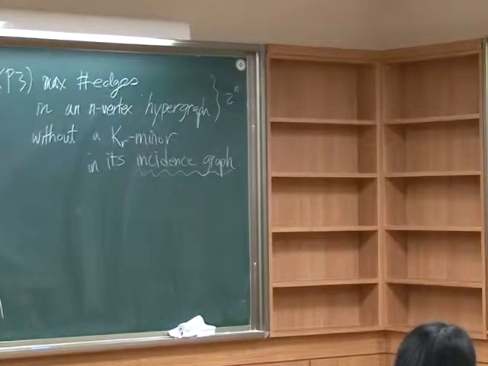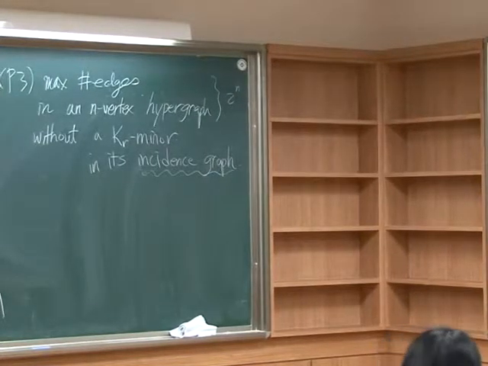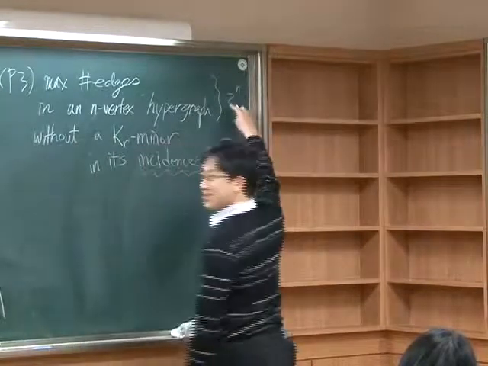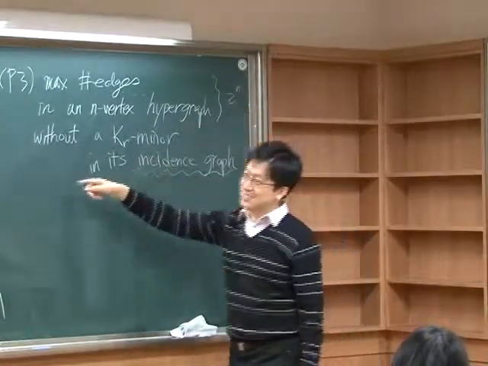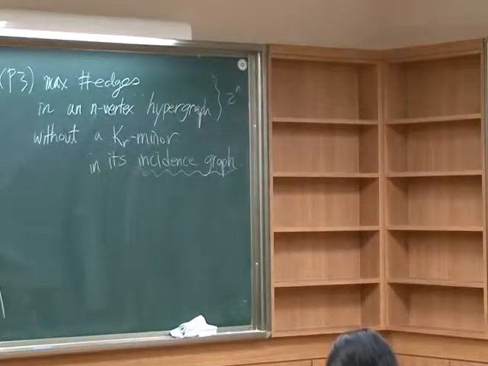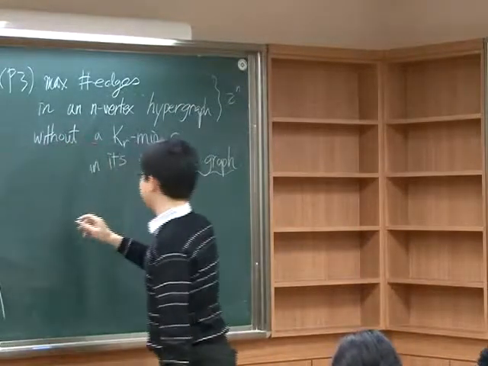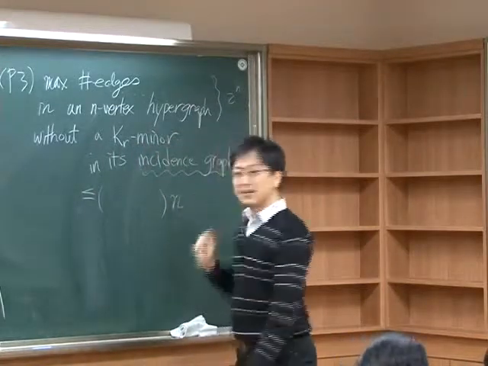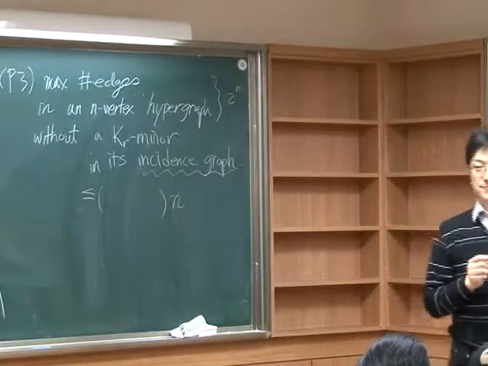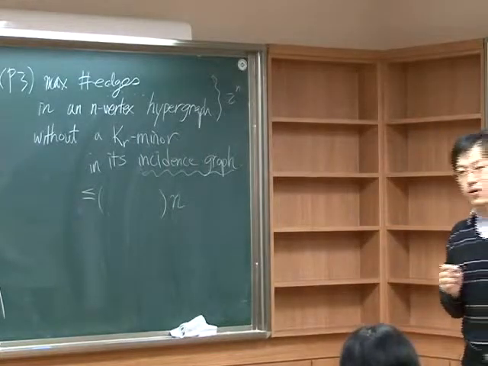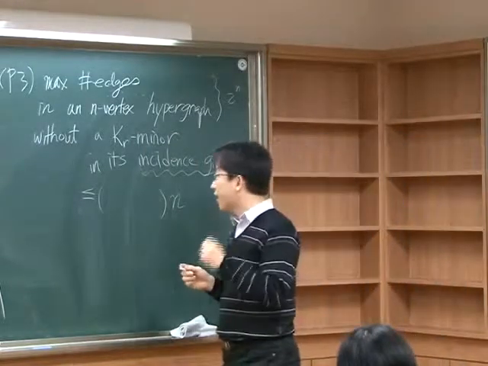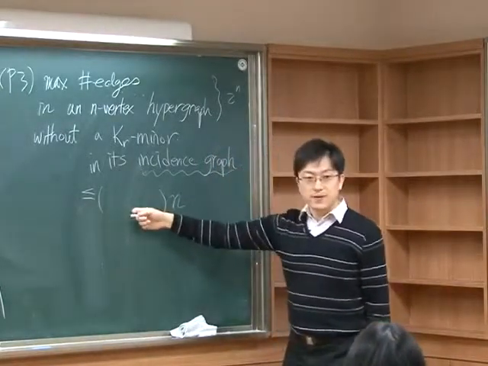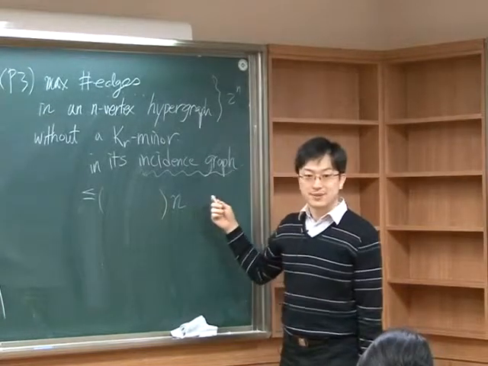And the answer is what? Previously we had 2 to the n. If you see the pattern here, it must be linear. So we claim that this is at most linear. There is some function f of R such that the maximum number of edges is at most f(R) times n.